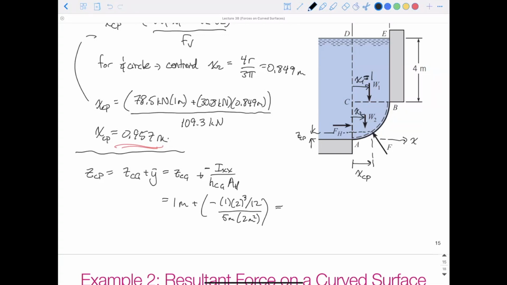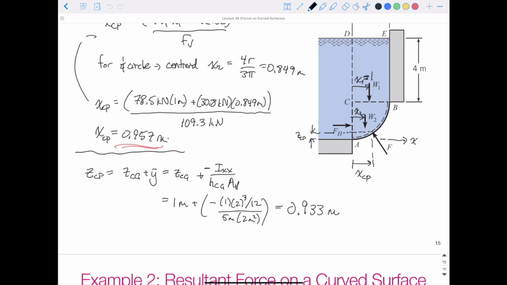So if we do this, we should get 0.933 meters. The Z center of gravity, how we've drawn it and how we've done all our referencing, the Z coordinate is going from the bottom upwards.